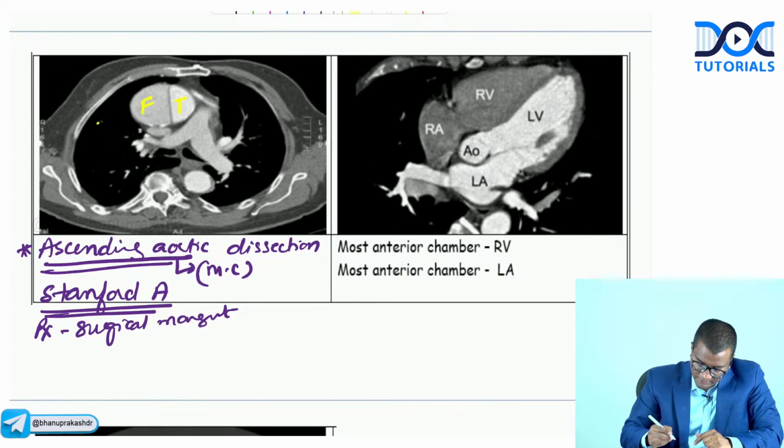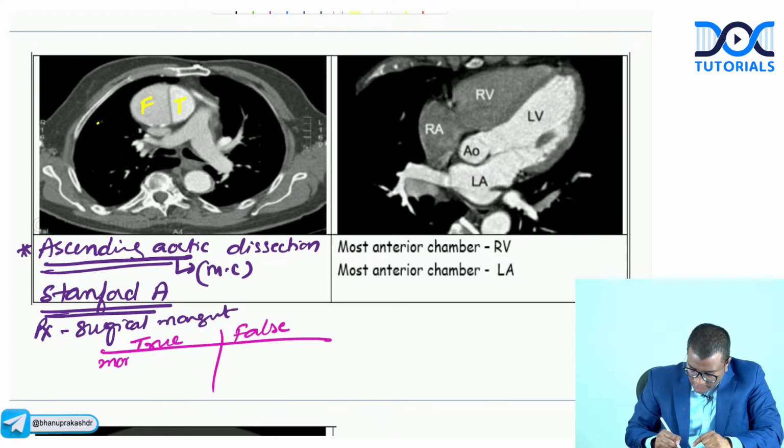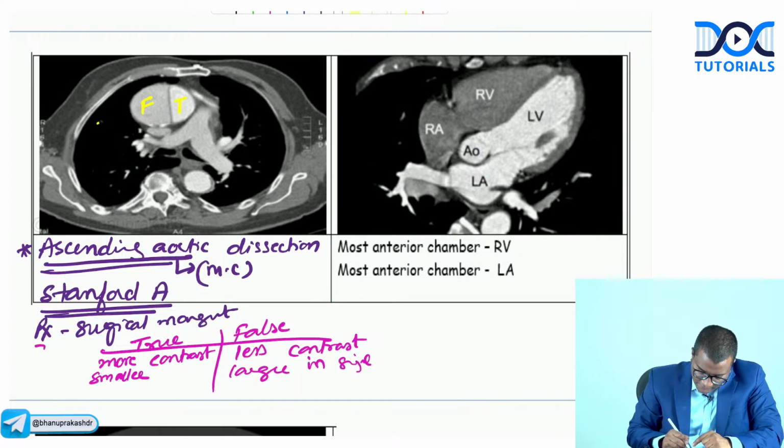So if we compare true lumen and false lumen, true lumen has more contrast, this has less contrast. True lumen is generally smaller in size, this is larger in size. When you have aortic dissection, you have this tennis ball like area.